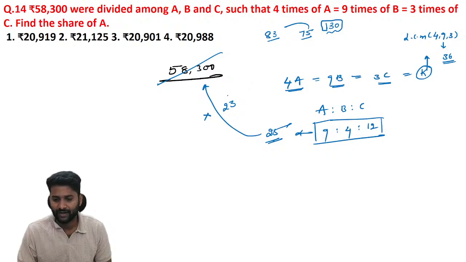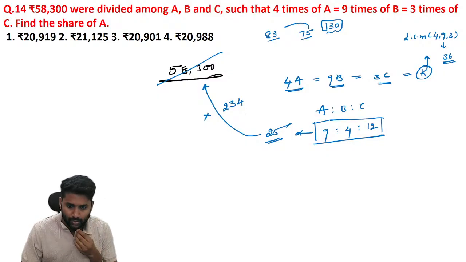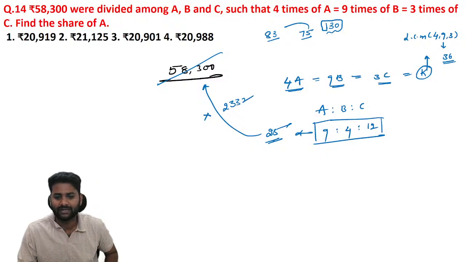Again 25 is multiplied with 4 times, then 100. And 25 with 2, 3, sorry, it's 2, 3 and 32 times, you will get 1300, right?